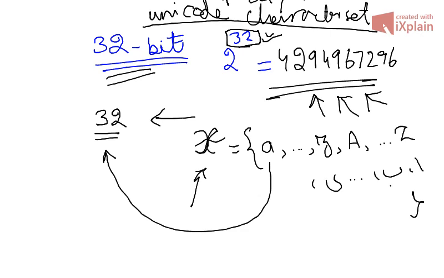Now these are the different coding techniques available around you. Today we are going to learn how, if you have a file which has different characters, you can compress that file and minimize its memory requirement.